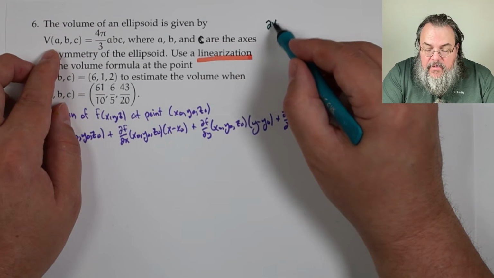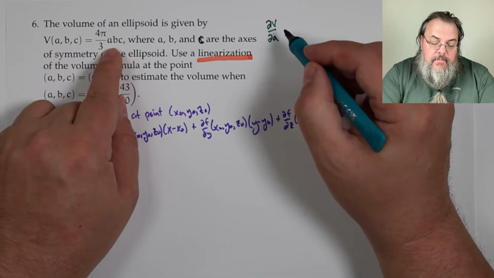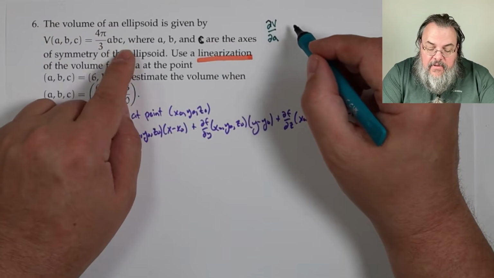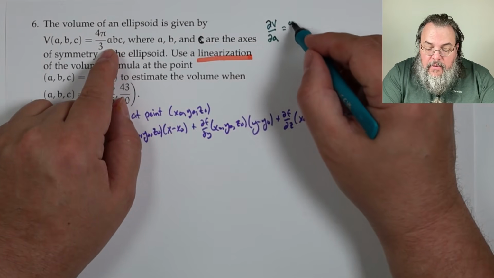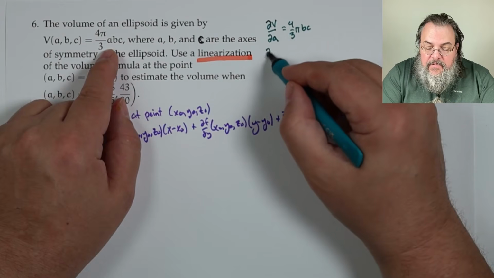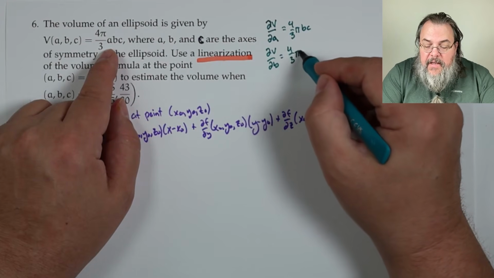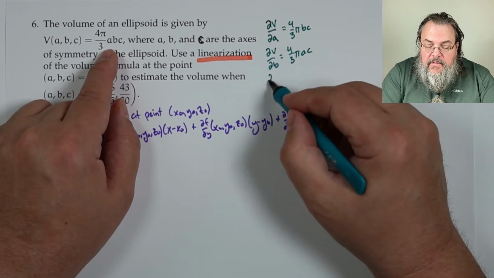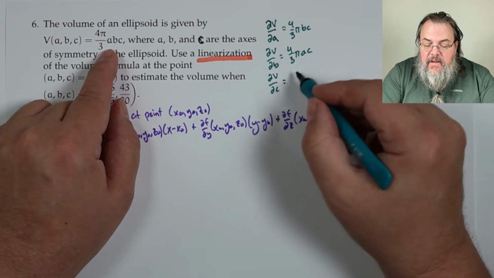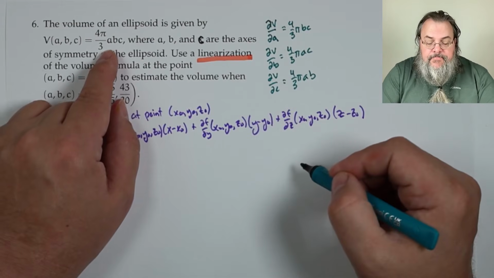What's the derivative of volume with respect to A? Well, because everything else is constant, it's 4/3 pi BC. Derivative of volume with respect to B, 4/3 pi AC. Derivative of volume with respect to C, 4/3 pi AB.